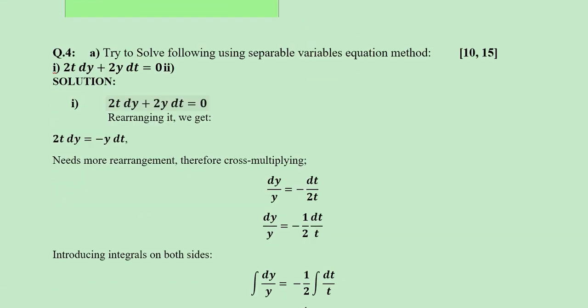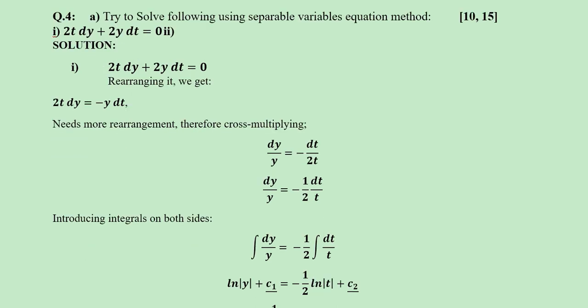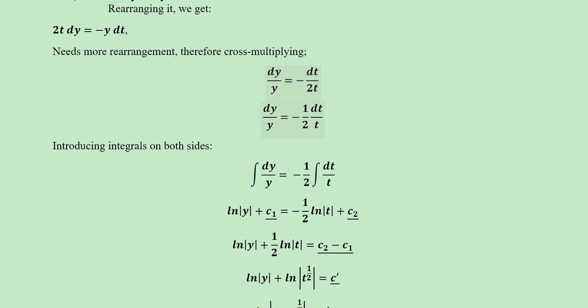Now question number 4 requires us to solve the given differential equations using the separable variables method. So in this we separate the 2 variables. Here after rearrangement, y and t are arranged in such a way that y appears on one side and t appears on the other side. Now this is very easy to solve because if we take the integral, these differentials will disappear.